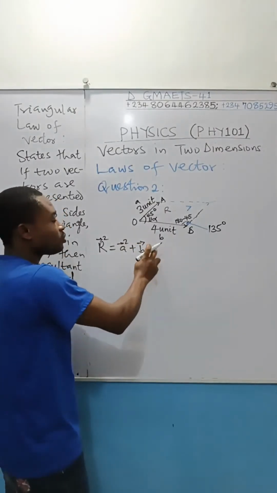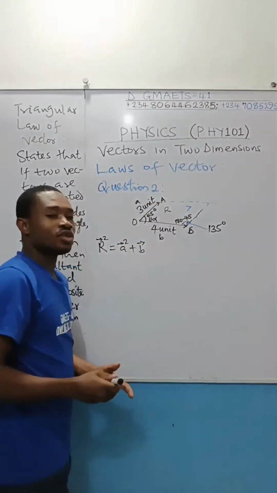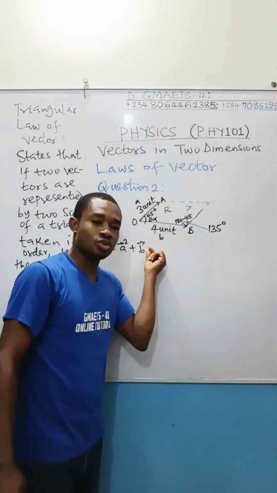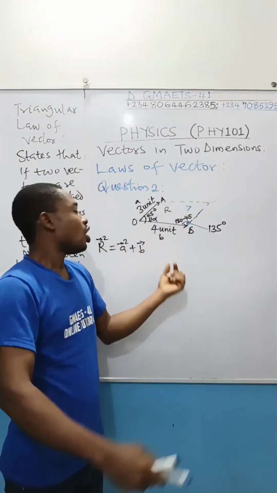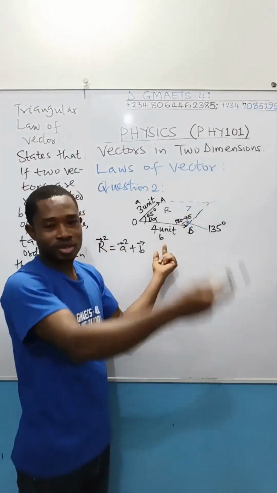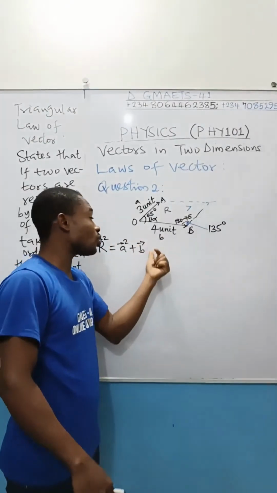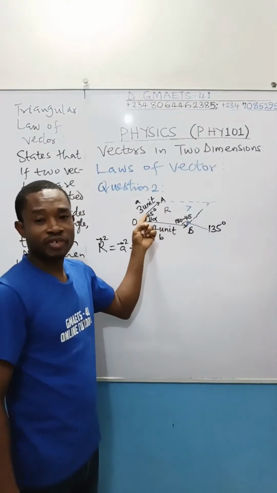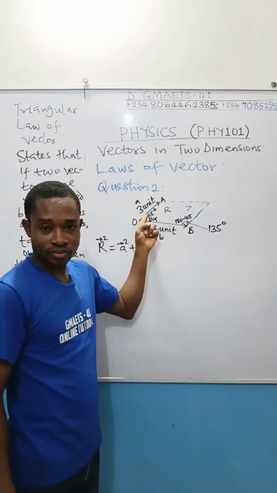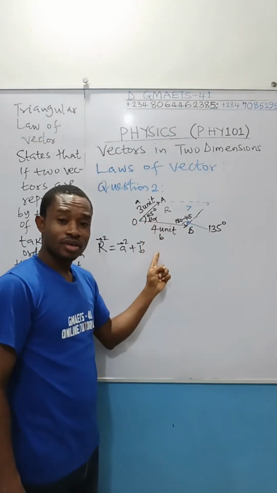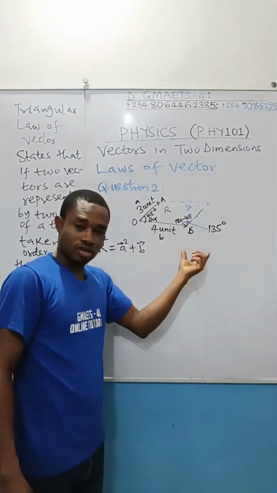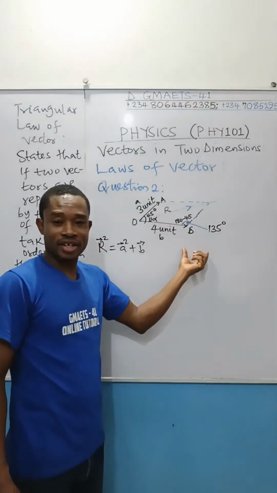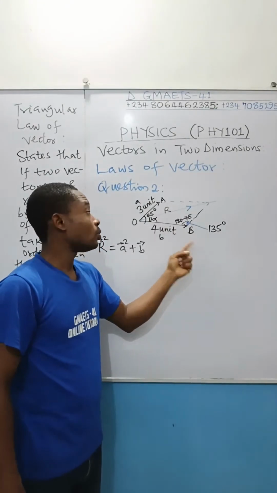Now, when you come to this 2AB part, it is now your choice whether you want to use plus 2AB cos or minus 2AB cos. If you are using plus 2AB, it is this 45 degrees that you're going to use. If you're using plus, the angle that the cos will be carrying will be the acute angle.